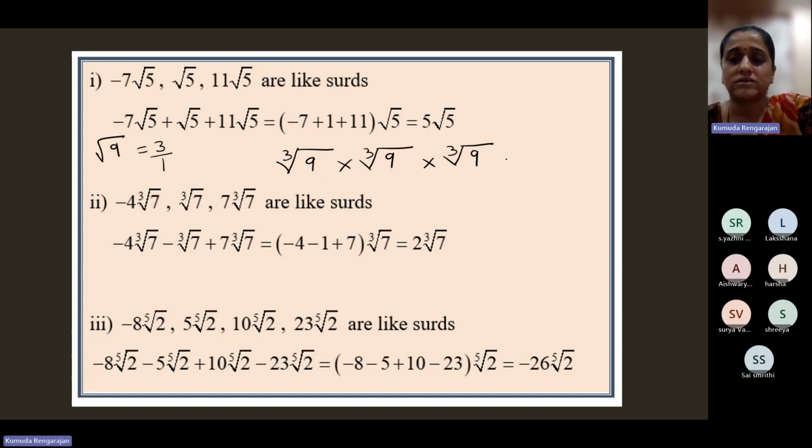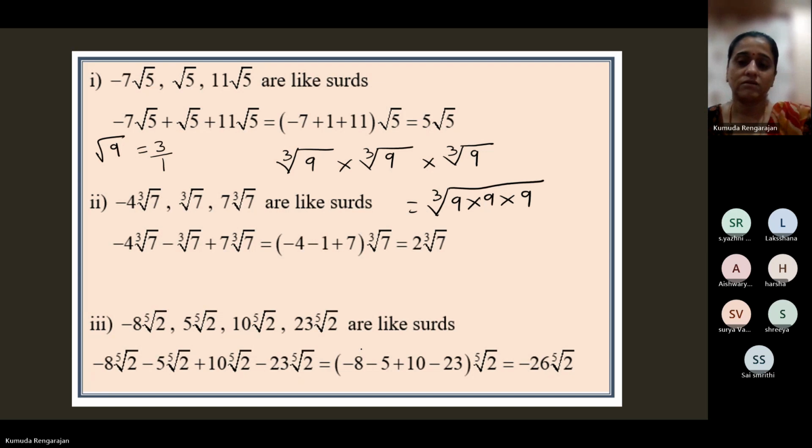Now let's find the product. It will be cube root of 9 into 9 into 9. From 3 nines, one 9 comes out of the cube root. Three equal factors, so you can bring one 9 out of the cube root. So the product of cube root of 9, cube root of 9 and cube root of 9 is 9.